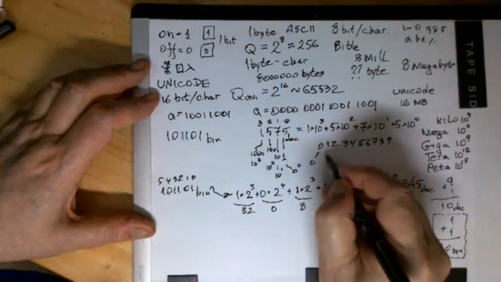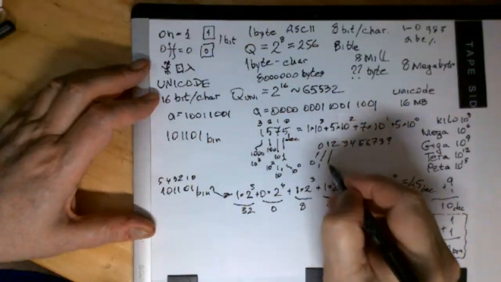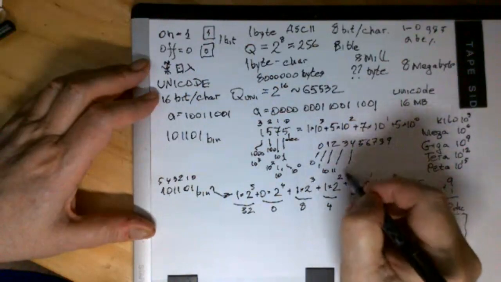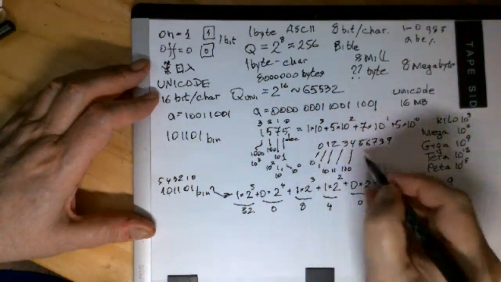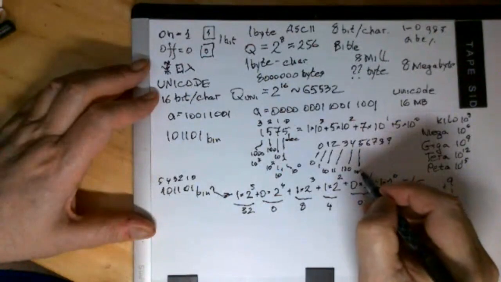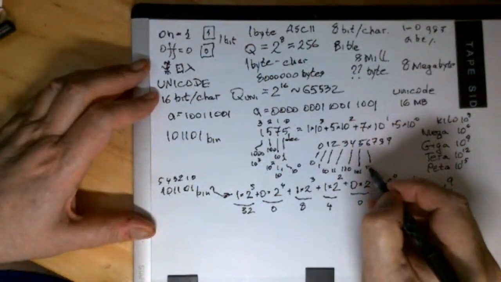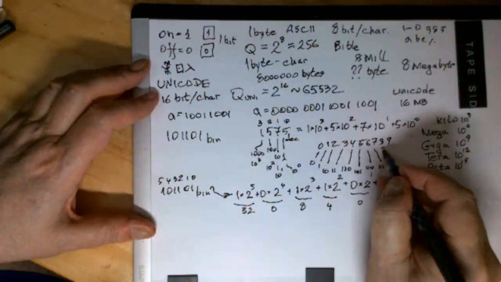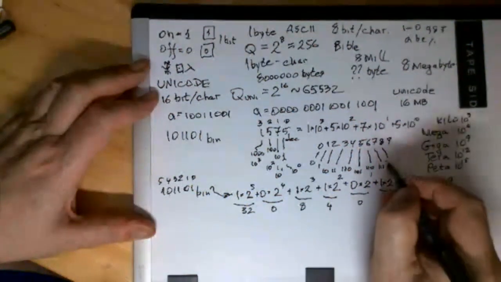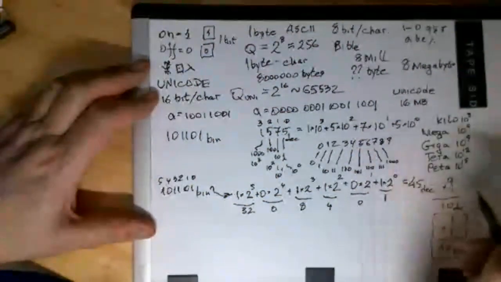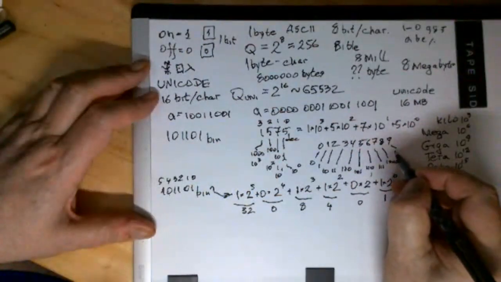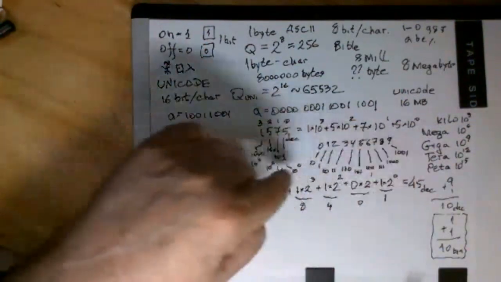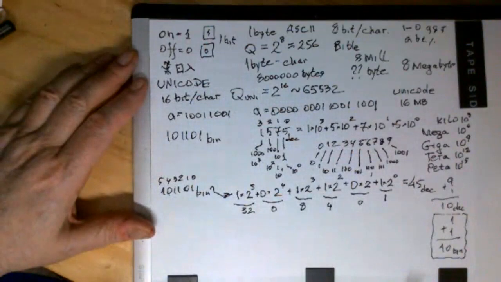So 0 is 0, 1 is 1, 2 is 10, 3 is 11, 4 is 100, 5, folks, is 101, 6 is 110, 7 is 111, 8 will be 1000, and 9 will be 1001. You will be able to remember that.